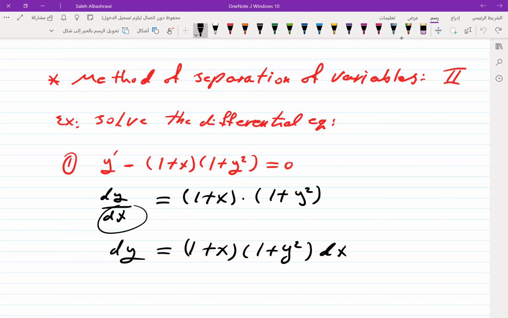Now we have this part, 1 plus y squared, in the right hand side. We have to move it to the left hand side, which means I have to divide by 1 plus y squared.